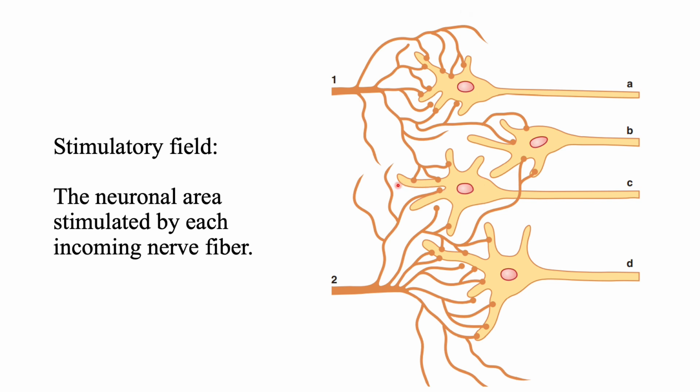If we assume that the effect is excitatory from this neuron to the postsynaptic neuron, we call the area of the effect of this neuron the stimulatory field. This is the stimulatory field of neuron 1, and this is the stimulatory field of neuron 2.